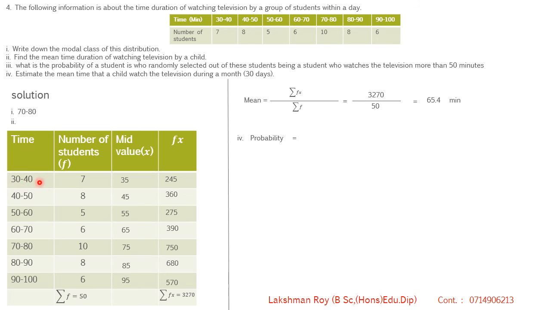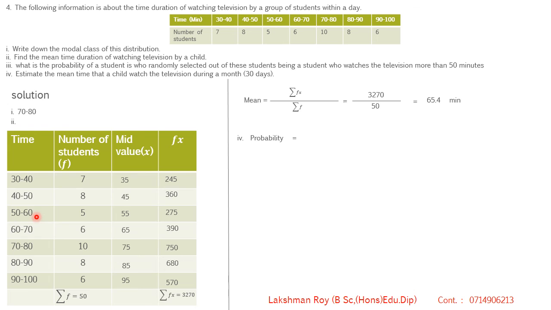In this row you get students who watch television within 30-40 minutes, then 40-50 minutes. So here there is no more than 50. Now if you go to the next class interval, 50 to 60 minutes, that means more than 50. So all the class intervals below mean more than 50 minutes.